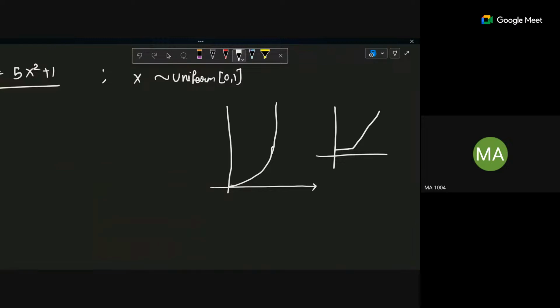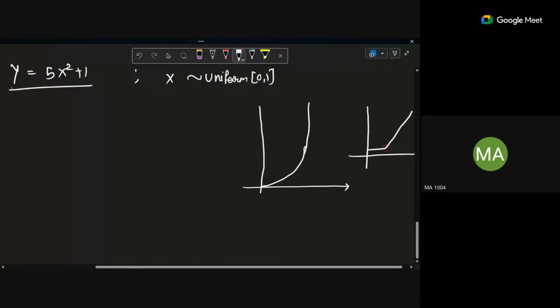But this particular function is not differentiable at this point, right? Why? Can anyone explain? Because there is a sharp turn, a sharp edge, with infinite tangents at this point. So this 5x square plus 1, how will this graph look?